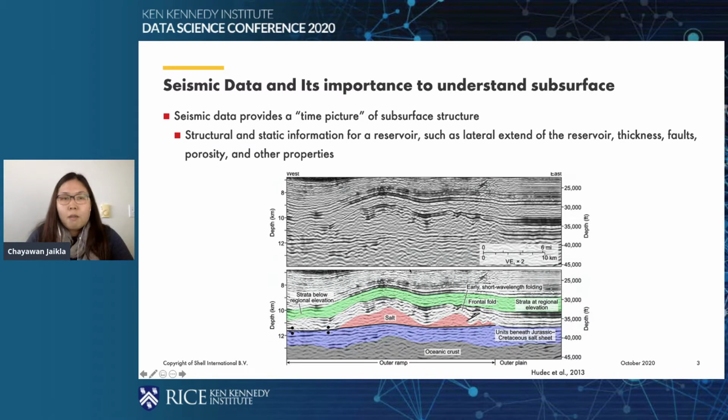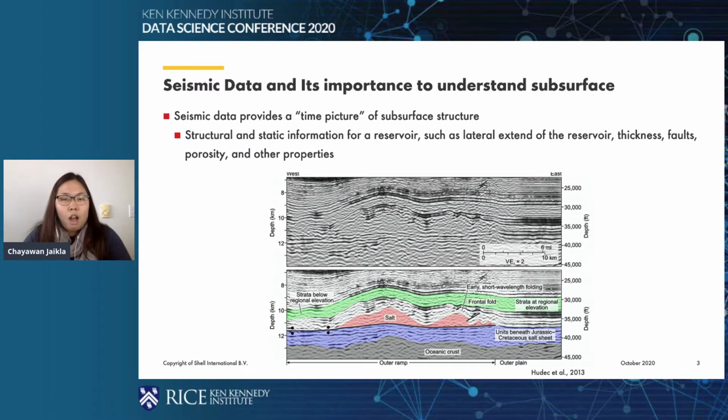Here is an example of interpreted seismic data from this raw seismic data. The interpretation helps geoscientists to determine the reservoir targets. Therefore, accurate and high-resolution seismic imaging plays an important role in hydrocarbon exploration and production.